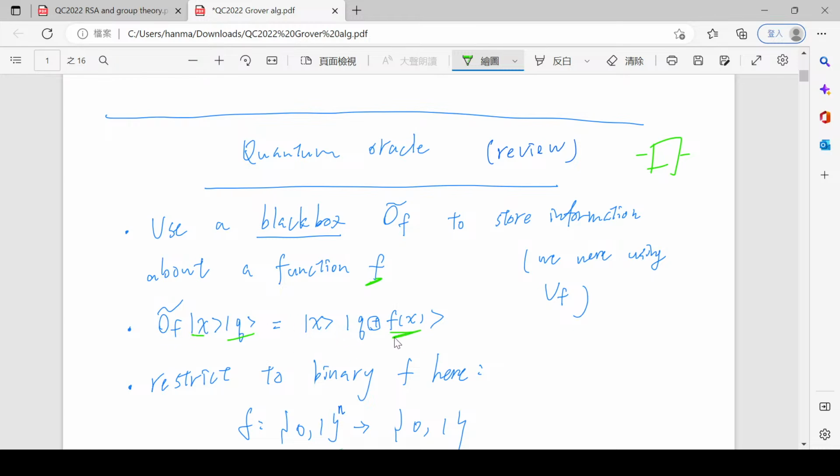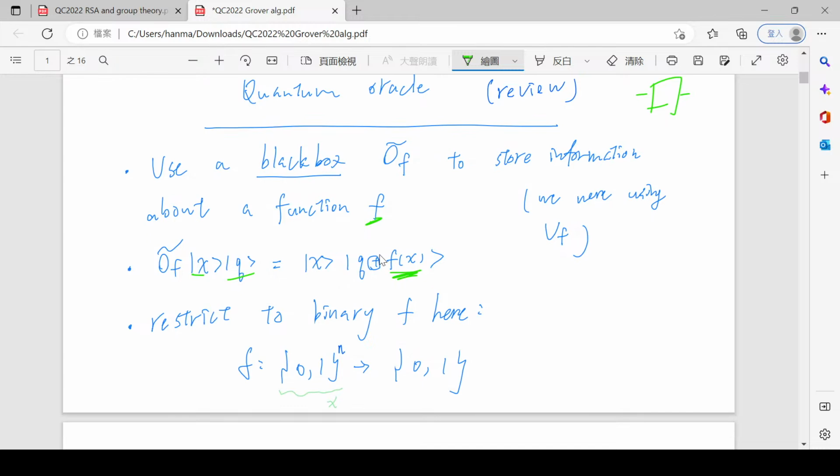You want to compute f of x here. So you look at the input register and don't change it, and you compute f of x and add it onto the record register. Then you have this O plus here, which is a little ill-defined if your f has many bits, but we are going to restrict to 1 bit, so it doesn't matter.